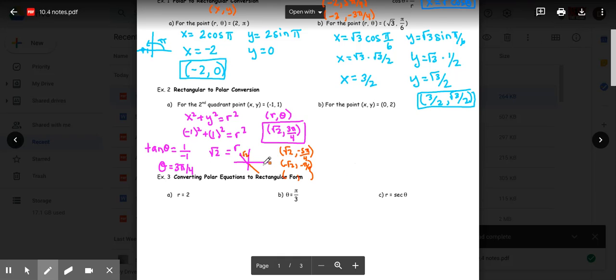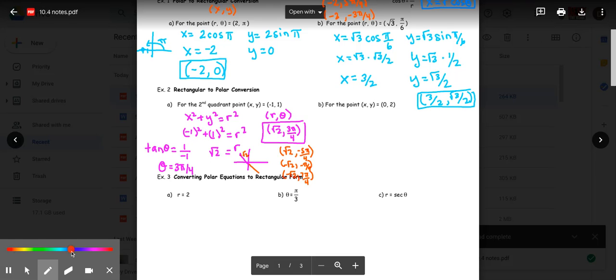And last but not least, we could go forwards all the way to the same spot, which would be 7 pi over 4. And then once again, our directed distance is opposite, so we would have to go back negative root 2. So there's your other 3 points to represent this point right here.